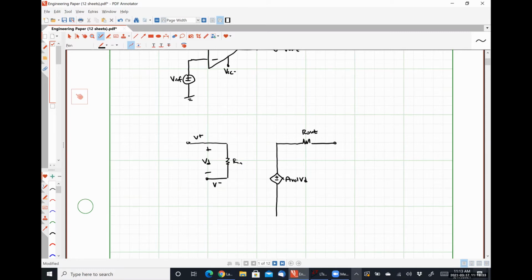And here's my resistor Rout. And then this guy right here is my ground, such that this voltage drop between this node and ground is my output voltage. So that's just a simple model for my op amp by itself. Between the inverting terminal and ground, I have my voltage Vref.